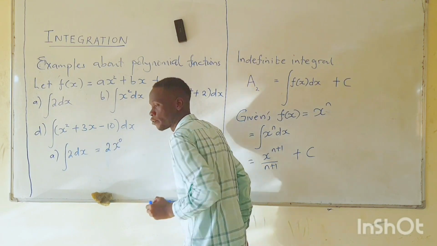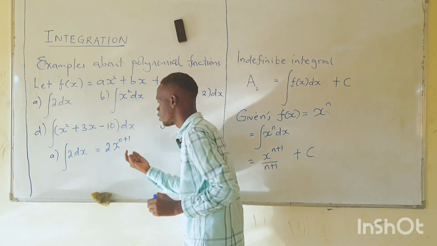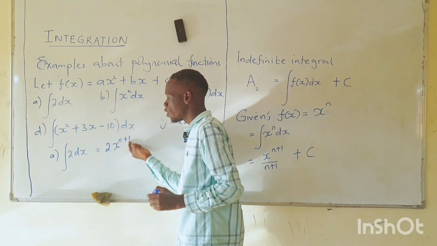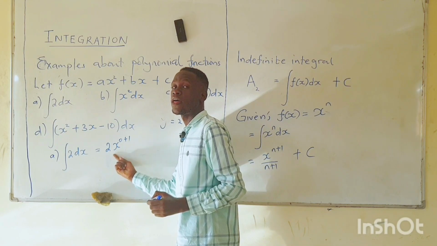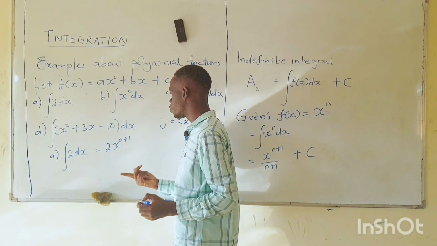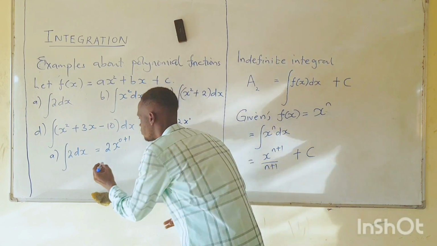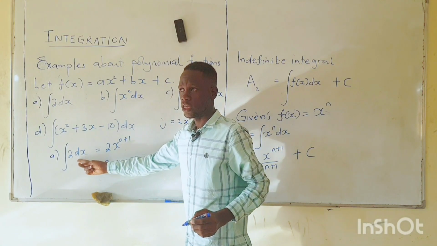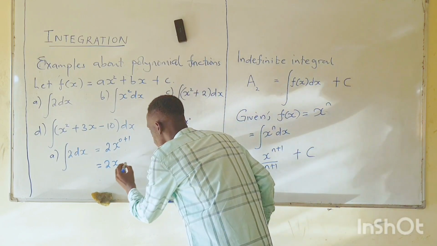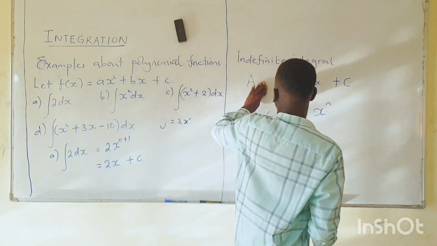This is power 0. We add a 1, that is 1. So 0 plus 1 is 1. The result, we divide it by the new power, which is 1. So that is 2x power 1 divided by 1, which is 2x. Since this is indefinite, attach an arbitrary constant, which is c. I think that one is done.